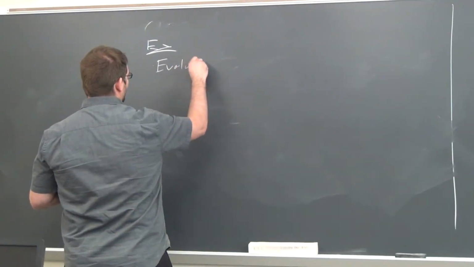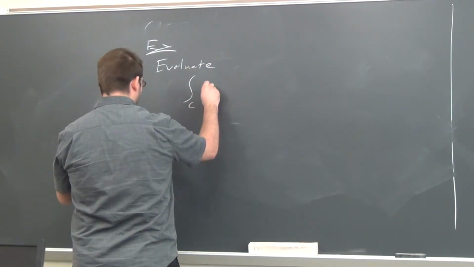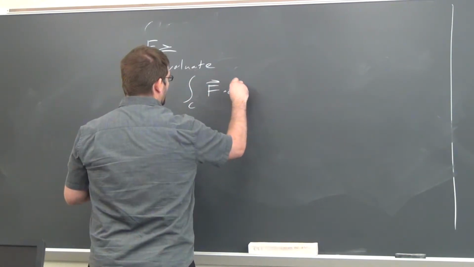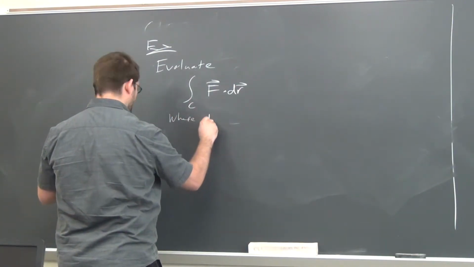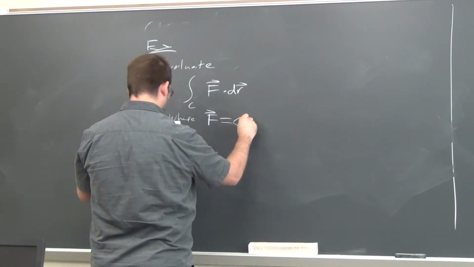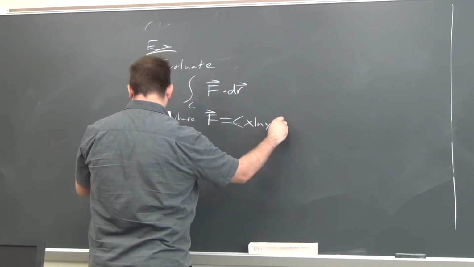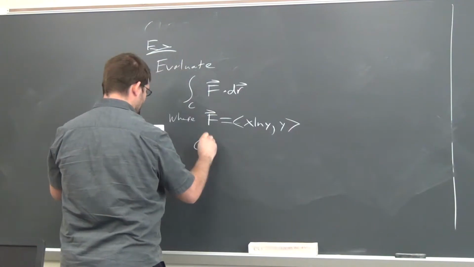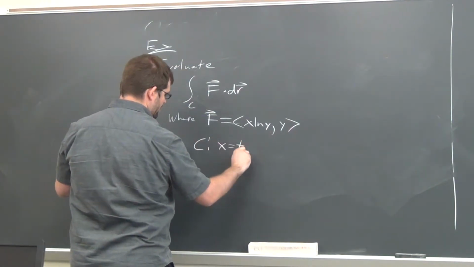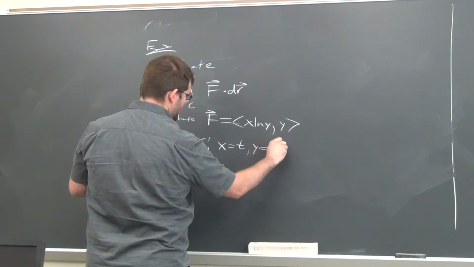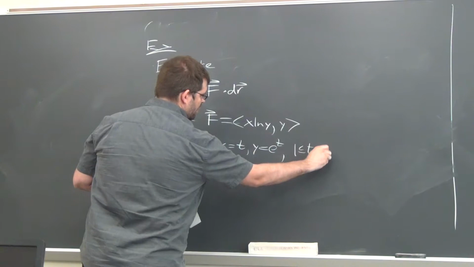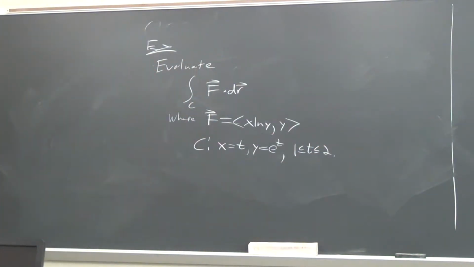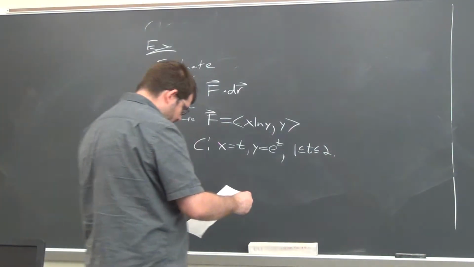Evaluate the integral along a curve C of f dot dr, where f is this vector valued function x log y, and then y, and C is the curve, and I'll just give you the parameterization. x equals t, y equals e to the t, and t ranges from 1 to t.